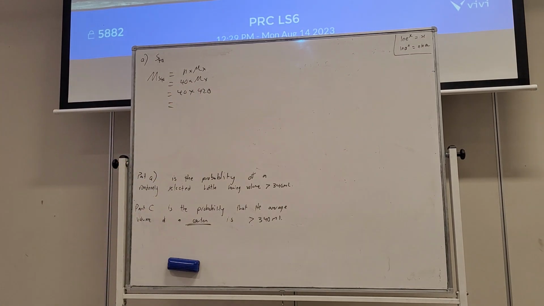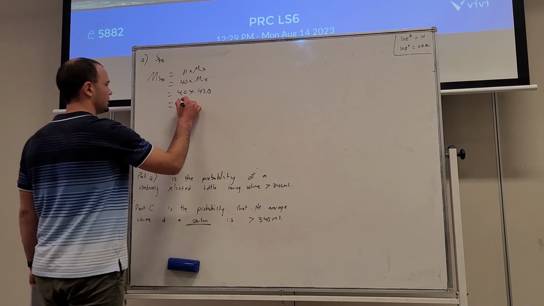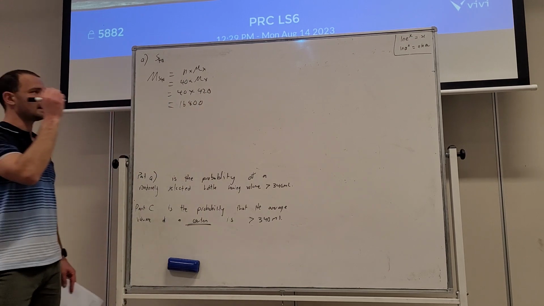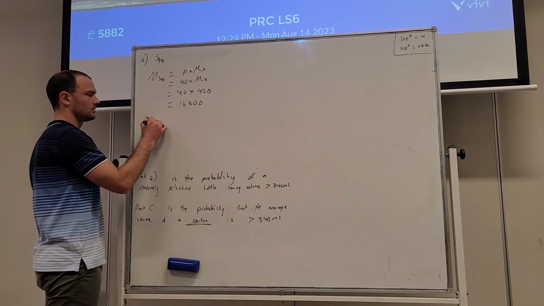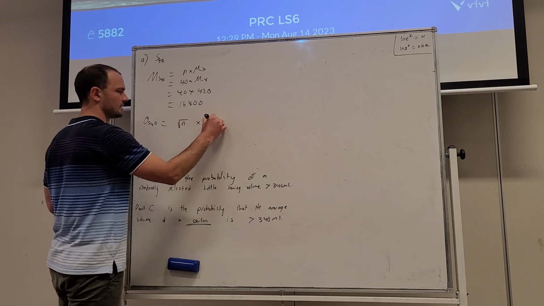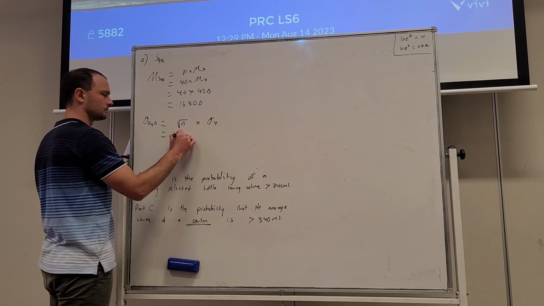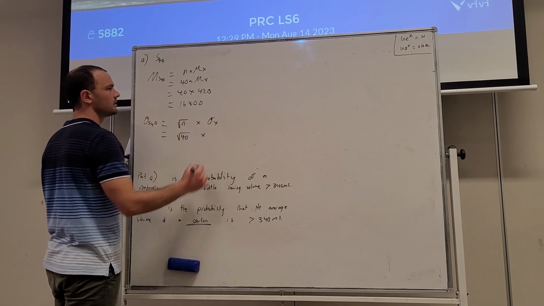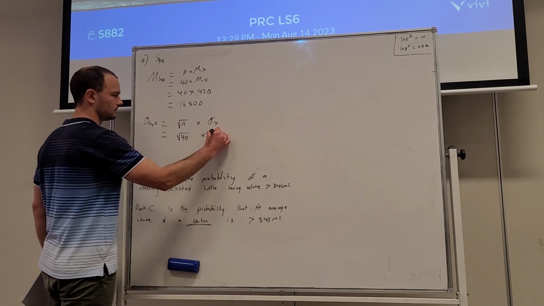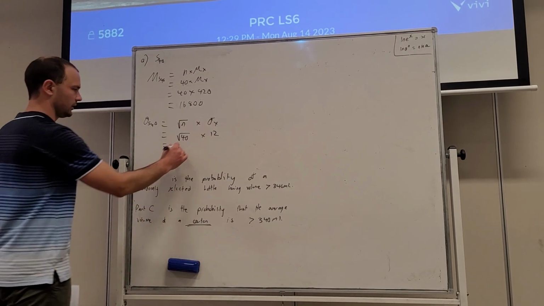That's 16,800. And the standard deviation of Sn is equal to the square root of n times the standard deviation of x. So that's the square root of 40 times 12. 12 root 40, I'll just leave as that.